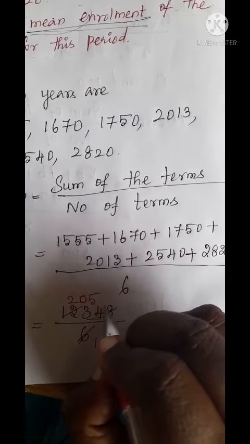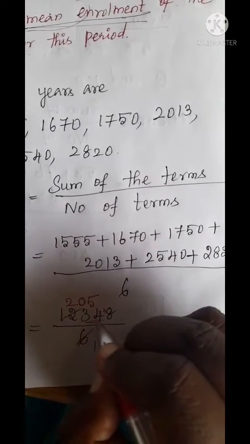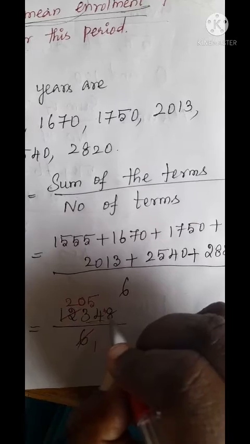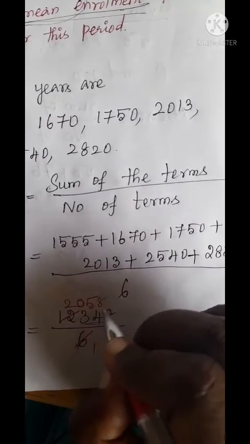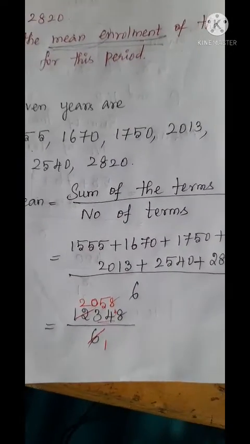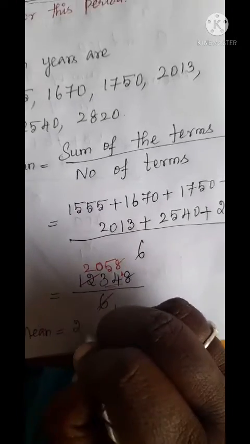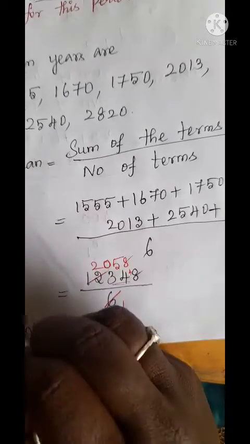Remainder is 4. So 34 minus 30, remainder 4, it becomes 48. 8 6 are 48. So the answer is 2058. So the mean enrollment is 2058.